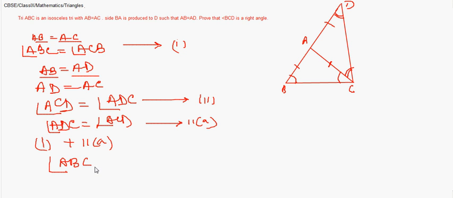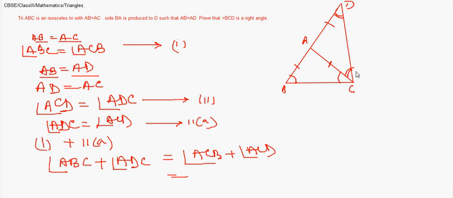Therefore, I write it like that. So angle ABC plus angle ADC will be equal to angle ACB plus angle ACD. So this becomes the whole of angle BCD. So I write angle BCD is equal to angle ABC plus angle ADC.